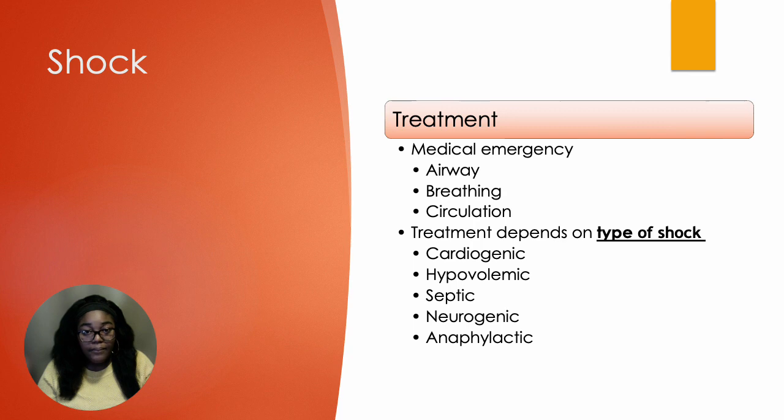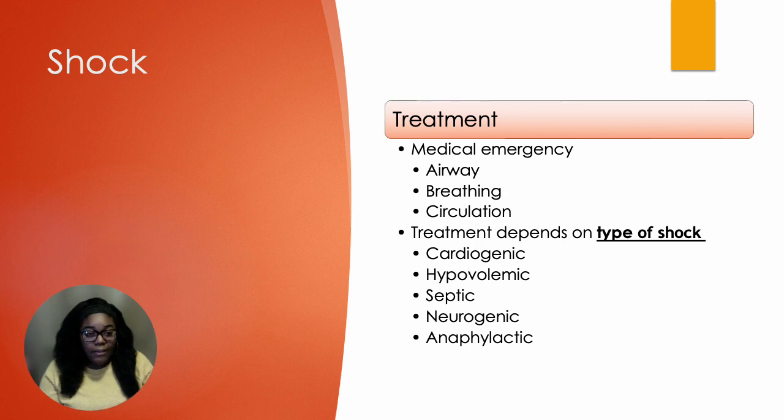Again, I mentioned that this is a medical emergency, so you want to activate the airway, breathing, circulation method. You want to make sure that the individual that's experiencing shock still has an airway. So you may see these individuals intubated immediately to protect that airway, and they will be immediately placed on a ventilator to help them breathe, because now their systems have started to shut down.